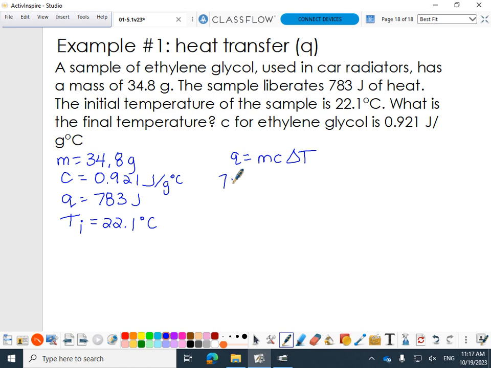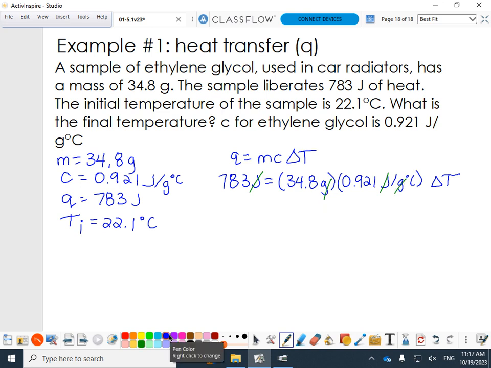Whatever you choose, it doesn't matter to me, but you have to make sure your answer has the correct units. Okay, so joules will cancel and grams will cancel. Again, you can decide, I need to multiply these first before I divide them, this by them.